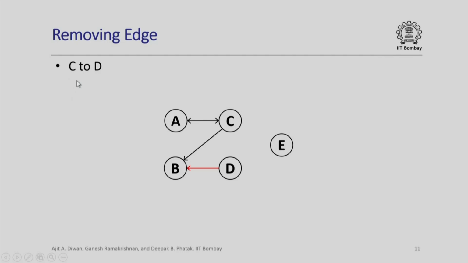Similarly, removing an edge from C to D will remove this particular edge. Notice again that what we are showing here is a pictorial representation of the graph, but what we have to actually do is to remove the internal representation of the corresponding edges.